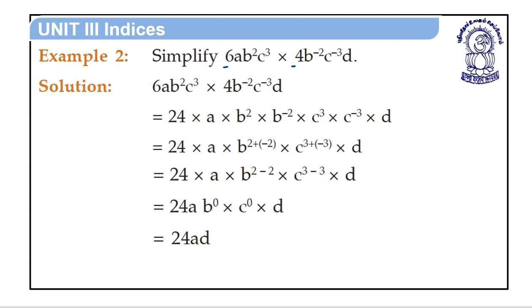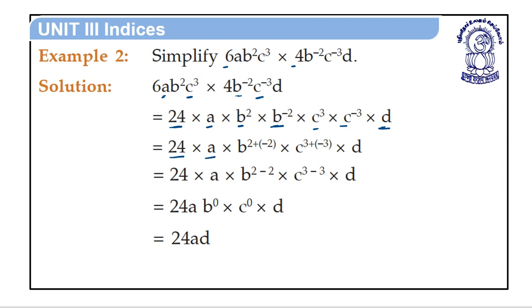So 24 into a raised to 1. There is no other a, so a as it is. b square and b raised to minus 2. c cube, c minus 3. Only d, so multiply with d.